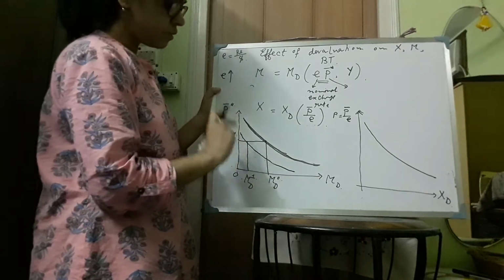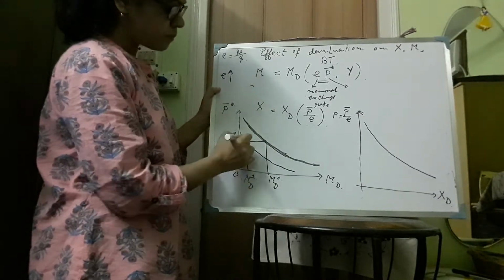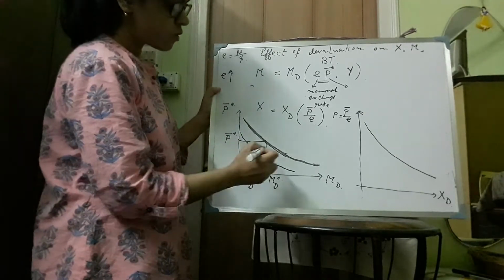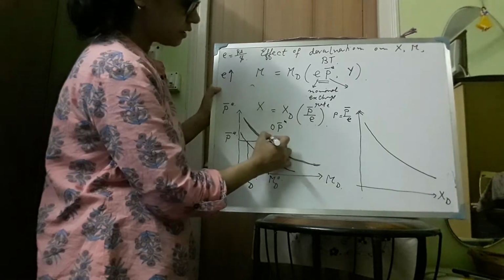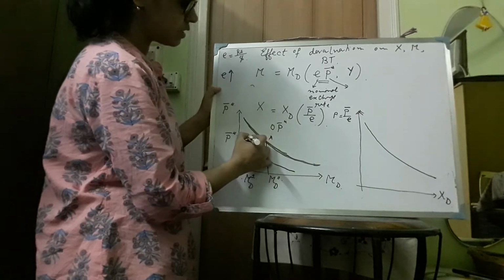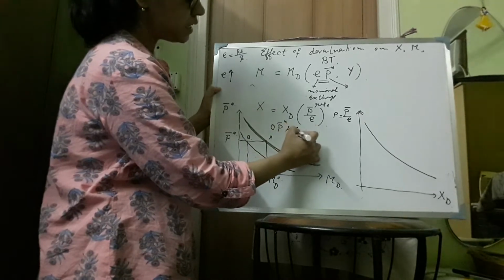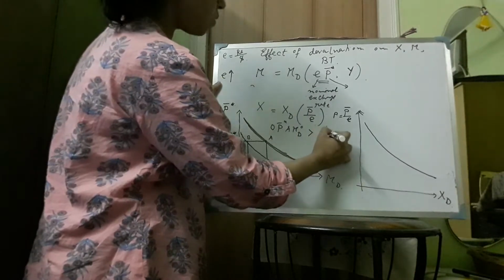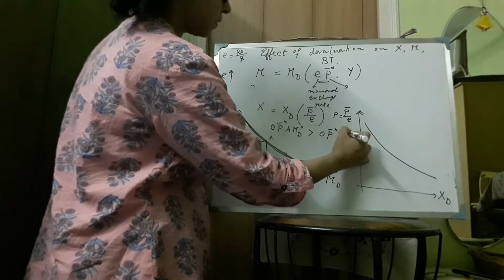So the import volume after devaluation is O P bar star times O MD1. Let this be A and this be B. O P bar star A MD naught is definitely greater than O P bar star B MD1.